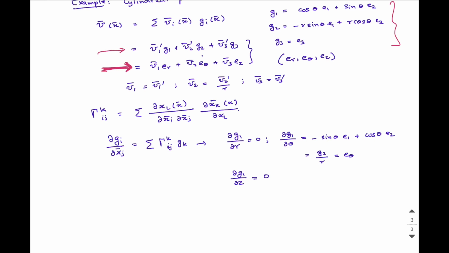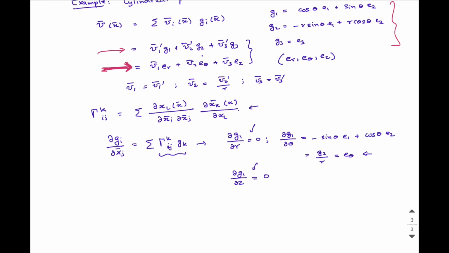And how do you get the various Christoffel symbols? Remember that this equation tells you that the partial of g i with respect to x bar j should be some linear combination of the g k's, and the coefficients are basically the Christoffel symbols. So this tells you that all the coefficients are 0 here, for instance. This again tells you they are 0, but here one of the components is non-zero. This way you can compute all the Christoffel symbols explicitly in this case without worrying about the full expression.